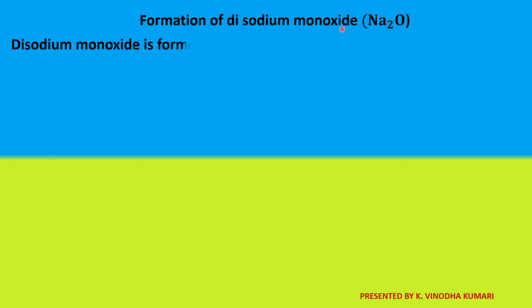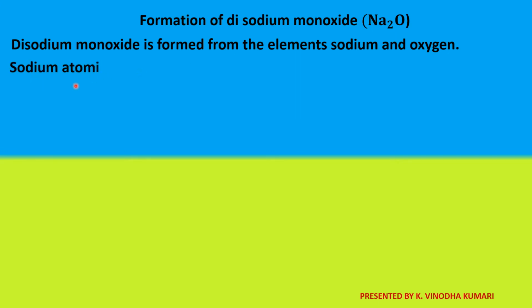Here I'm taking formation of disodium monoxide. It is formed from the elements sodium and oxygen. Its formula is Na2O. Now we'll write the electronic configuration for sodium and oxygen. Sodium atomic number is 11 and its configuration is 2, 8, 1.